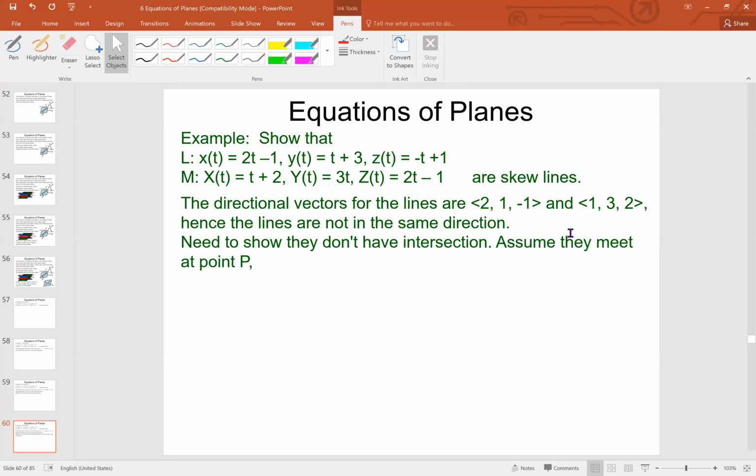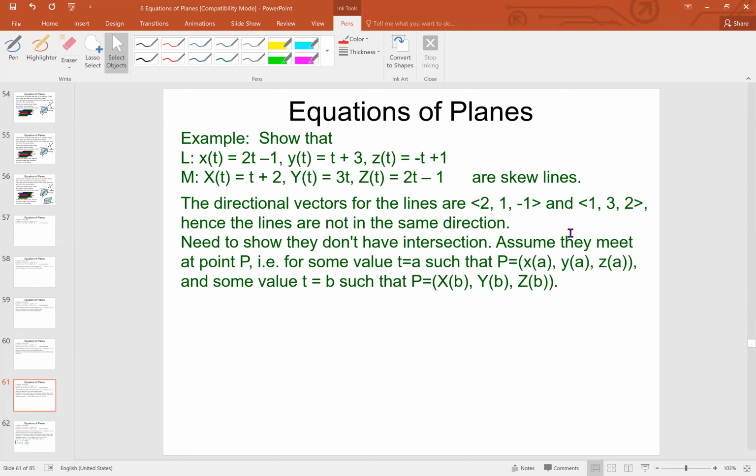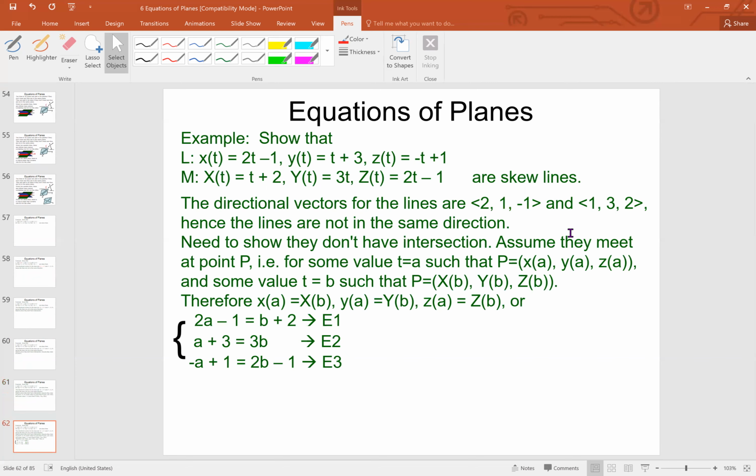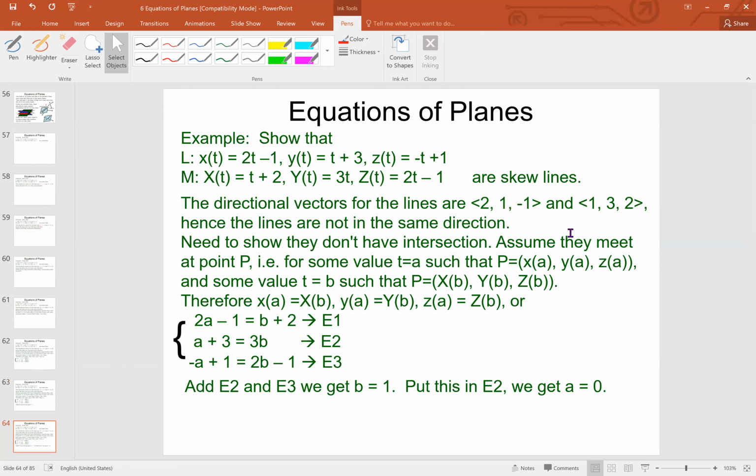So you suppose they intersect, and you wind up with a system of equations with two unknowns but three equations, and these three equations couldn't be satisfied. This is a contradictory system, so there are no A and B that will fit all three. Therefore, it's impossible to have meeting points where all three components are the same, meaning they don't intersect. So this is how we justify that these two lines are skew.